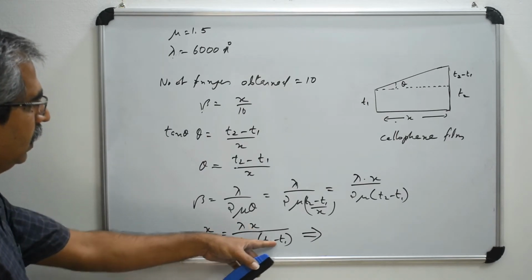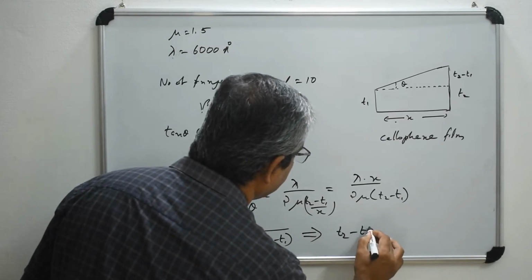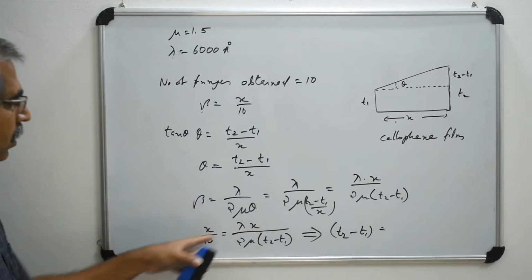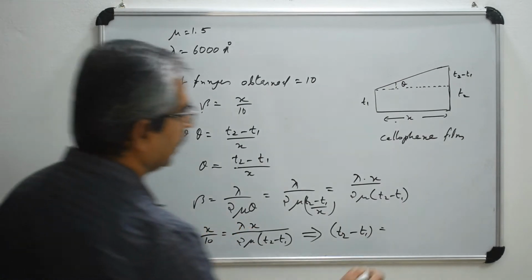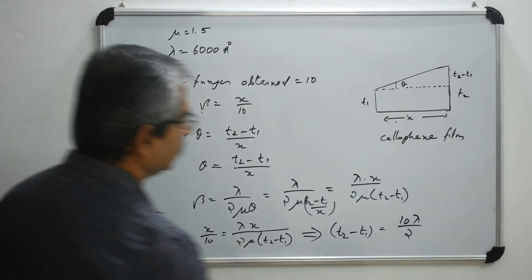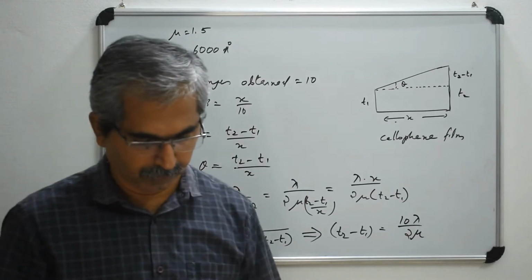What we require is T2 minus T1. So T2 minus T1 is equal to 10 lambda divided by 2 mu.